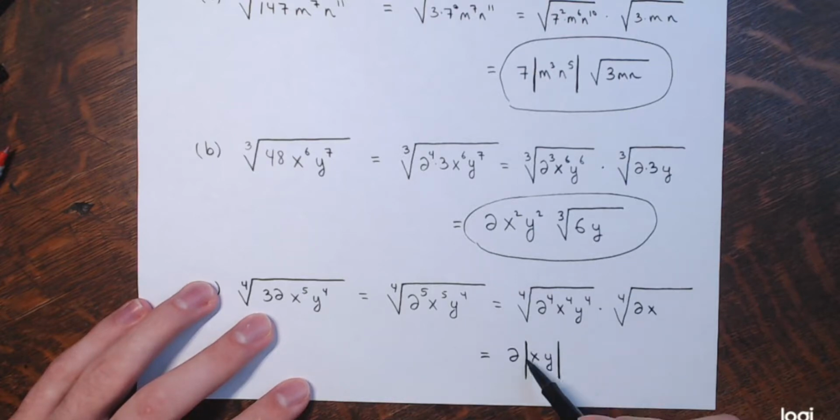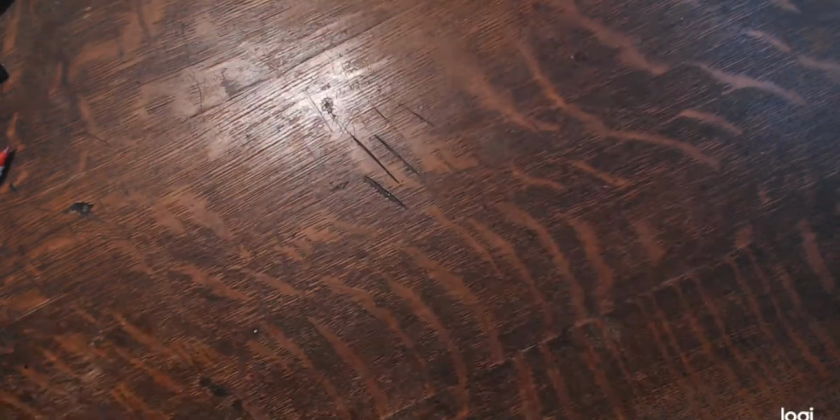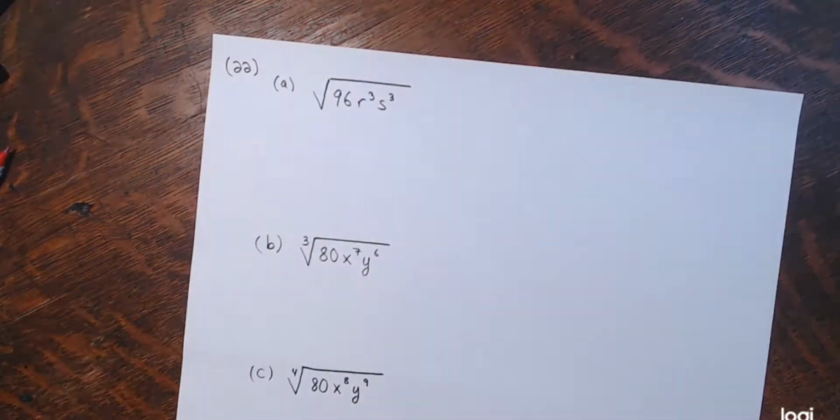So you can have the absolute value around x, y like that, and then times the 4th root of 2x. 2 times the absolute value of x, y times the 4th root of 2x. Fantastic. Okay. Alright, here we go. Keeping on.